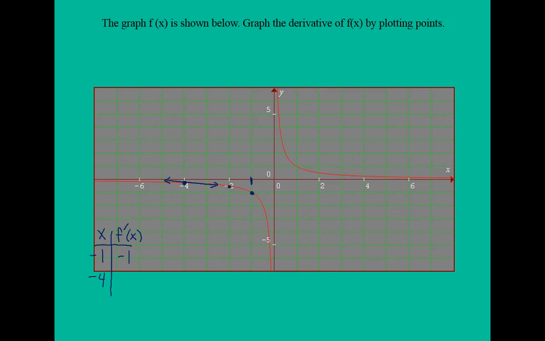And likewise, at -2, if we calculate the slope of this line, we may look at, well, it intersects the x-axis here, and it goes down 1 and over 2. So it looks like it would be approximately -1/2. So we could plot a point at -2, -1/2. And at -4, we know the slope of the tangent line was even closer to 0, so it may be around -1/4.